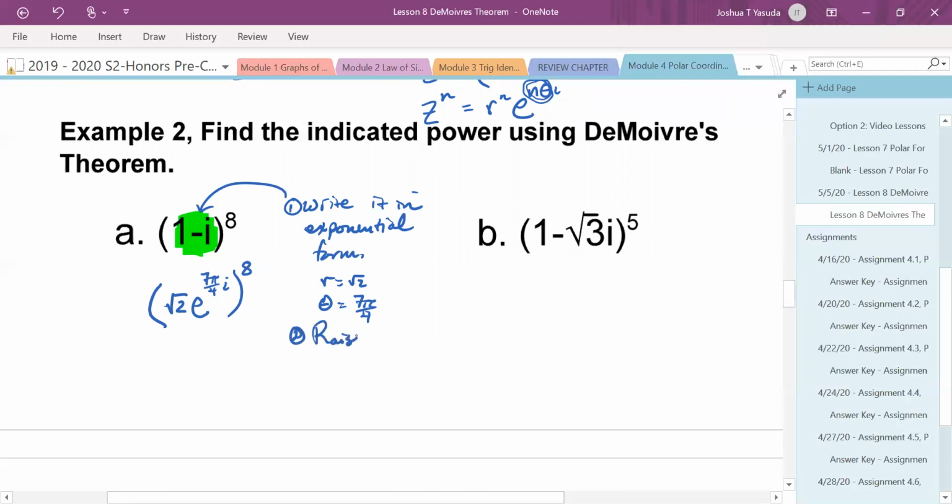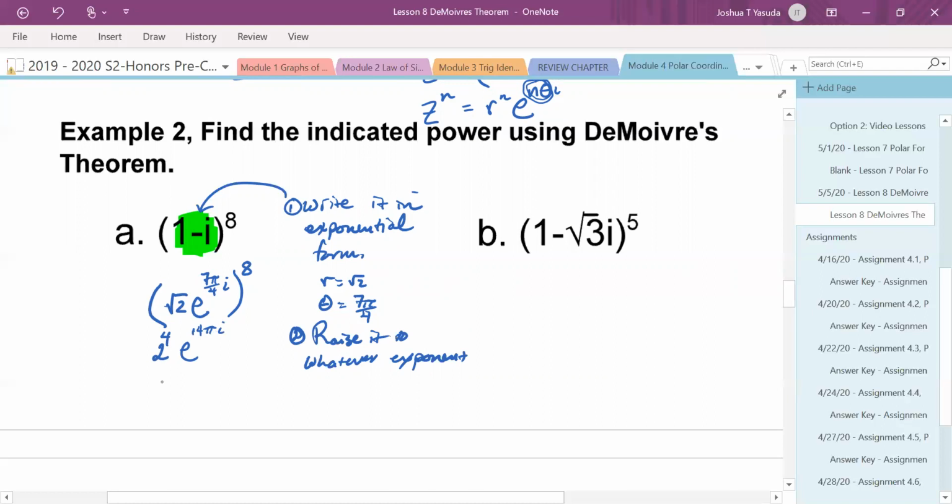Now you're raising it to the 8th power, so we raise it to whatever exponent is in the problem. Once again, you raise to the 8th, so we multiply. The square root is the 1/2 power, and 1/2 times 8 is 4, so we get 2 to the 4th, and 7 pi over 4 I times 8, where the 4 reduces, gives e to the 14 pi I. Does that seem good?